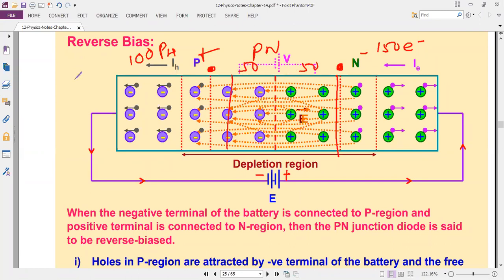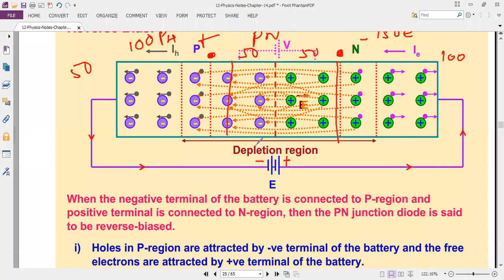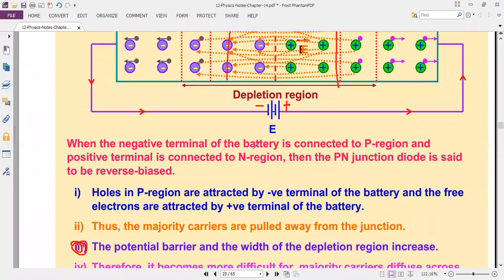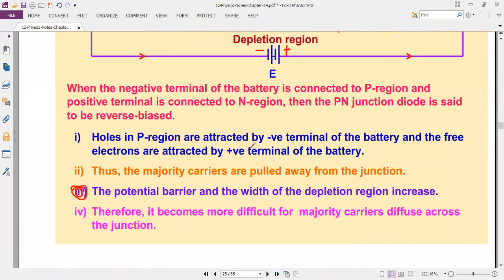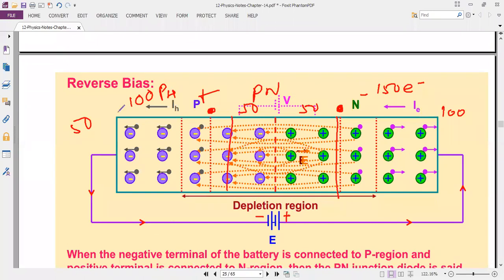So what is the remainder here? 50 electrons are there.